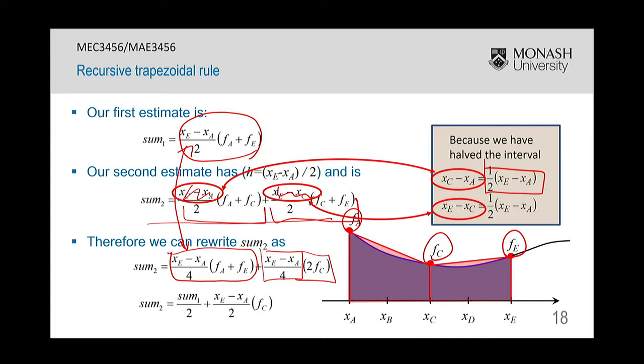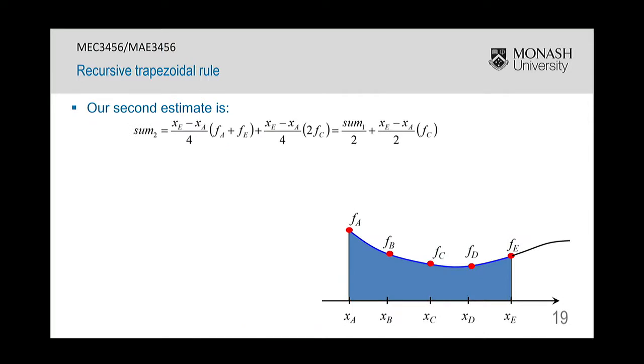So we can actually rewrite sum 2 as being sum 1 divided by 2 plus h, well, that's actually equal to h multiplied by f of c. So we can calculate sum 2 based on what we've already done for sum 1, plus adding in one extra term. So sum 2 is given by this. We just calculated that on the previous page.